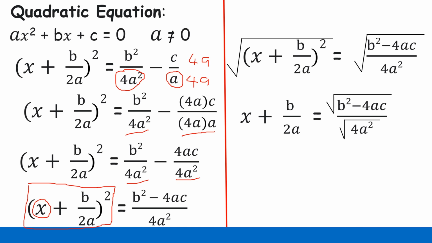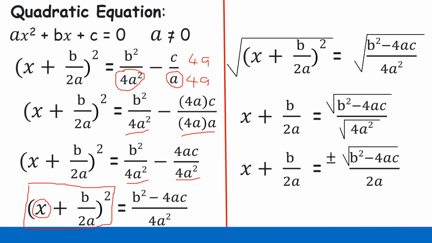Now, if we do that, we have x plus b over 2a is equal to plus or minus the square root of b squared minus 4ac divided by 2a. You notice that the square root of 4a squared is equal to 2a.